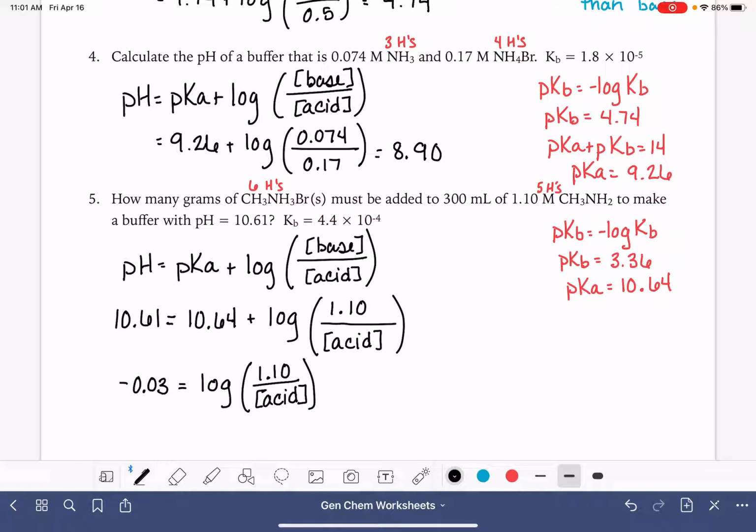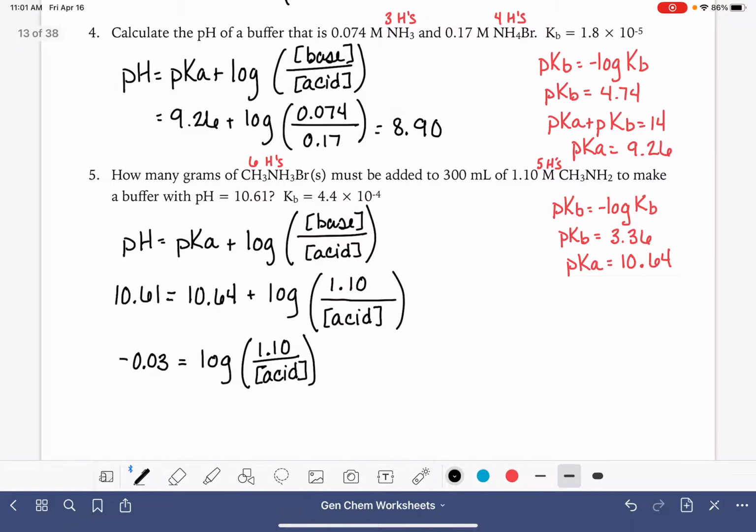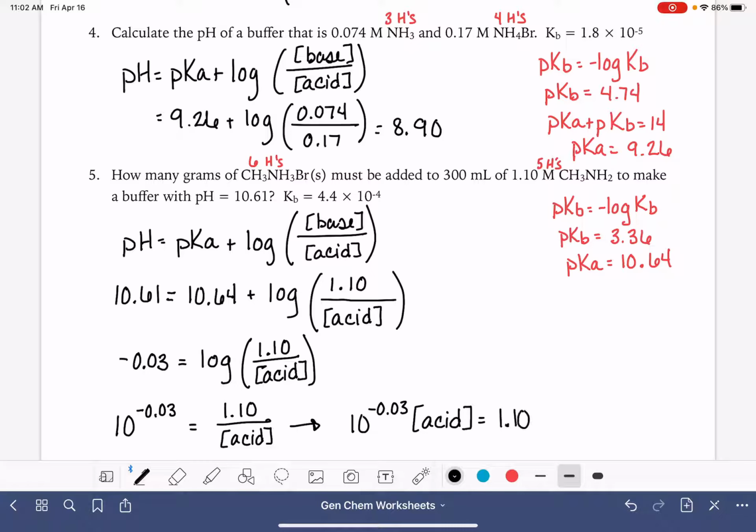And now we need to take the anti-log of both sides because we need to get rid of this log term in order to be able to solve for the acid. So we're going to go 10 to the negative 0.03, that's the anti-log, is equal to 1.1 over the concentration of the acid. And then I'm going to rearrange that. 10 to the negative 0.03 times the concentration of the acid is equal to 1.1.